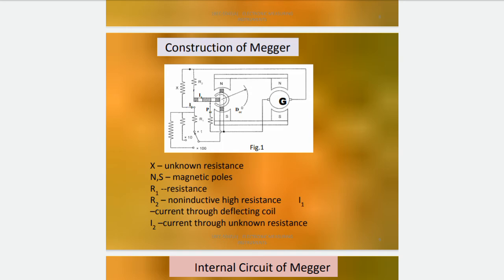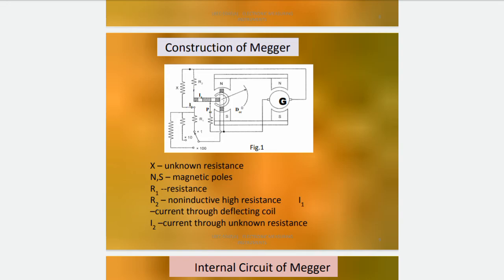The deflecting coil is connected in series with R1 between one generator terminal and the test terminal T1. The series resistance protects the deflecting coil in the event of the test terminals getting short circuited and also controls the range of the instrument.